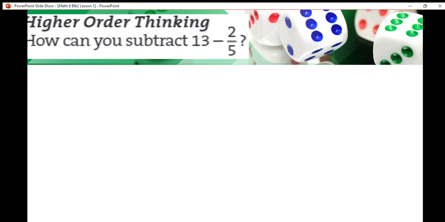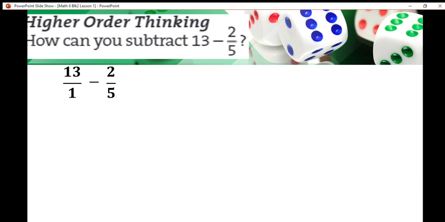Okay, so we have the higher order thinking skill. How can you subtract 13 minus 2/5? That 13 is a whole number, right? As you remember when you were a fifth grader, when a whole number is turned into a fraction, the denominator is always, very good, 1.